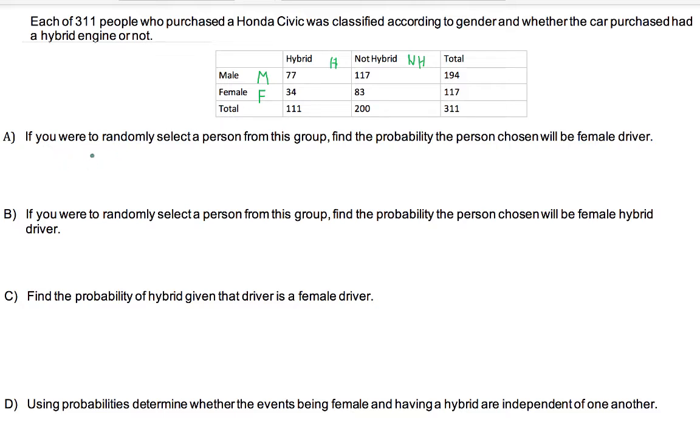If you were to randomly select a person from this group, find the probability the person chosen will be a female driver. Just asking the probability of female driver. How do we find the probability of female driver? Number of females.